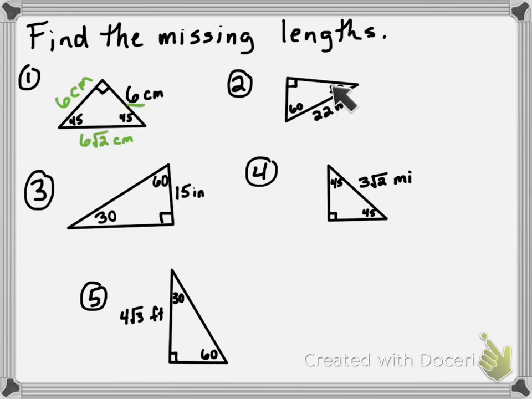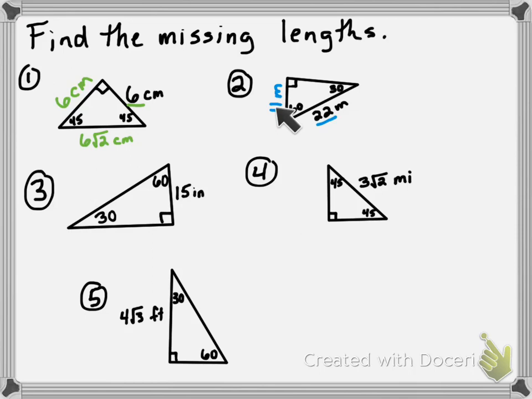But this one is a 30, 60, 90. Well, I know the hypotenuse because it's across from the right angle. So the hypotenuse is 22 meters. Well, that tells me, because I know the hypotenuse is twice as long as the short leg, that the short leg must be 11 meters. Because the hypotenuse is twice as long.